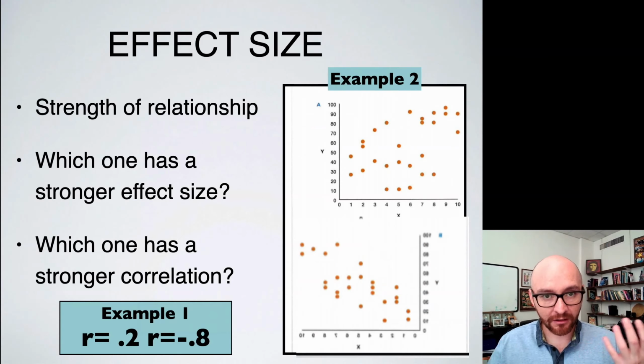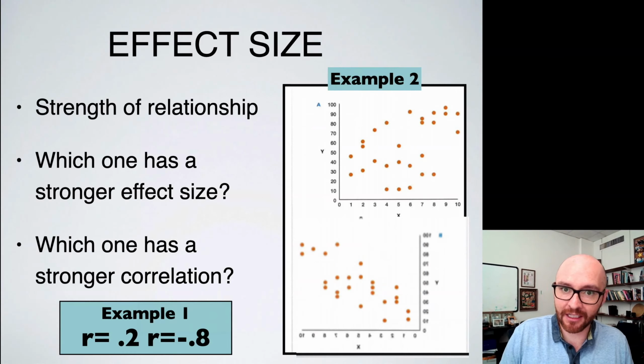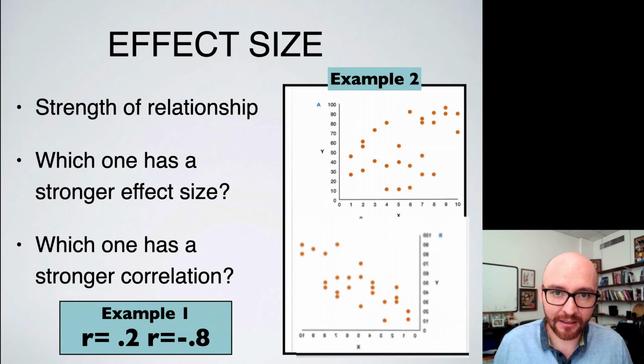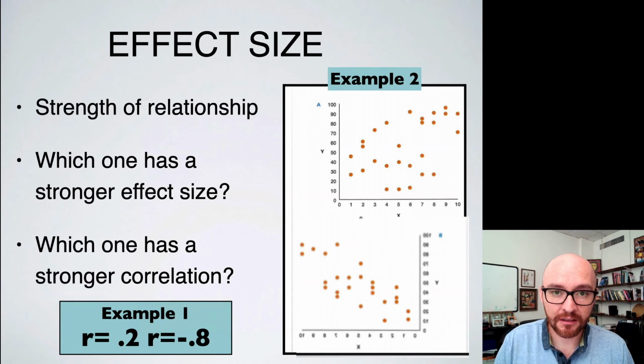You might automatically think, well, a positive number is bigger than a negative number. I'm not asking that. I'm asking which of these numbers indicates the strongest relationship between two variables. When we're thinking about correlations and effect sizes, a negative number and a positive number are equal in terms of strength.